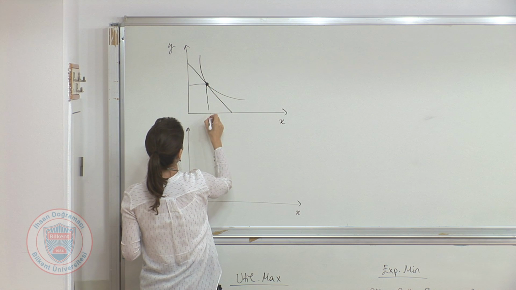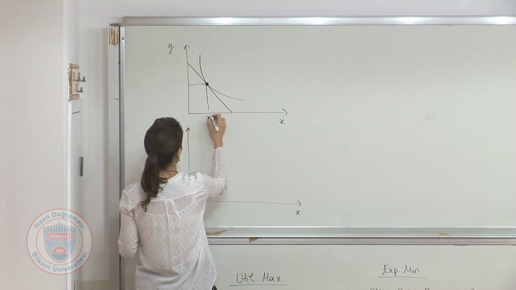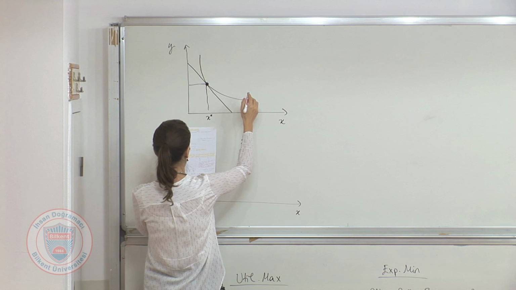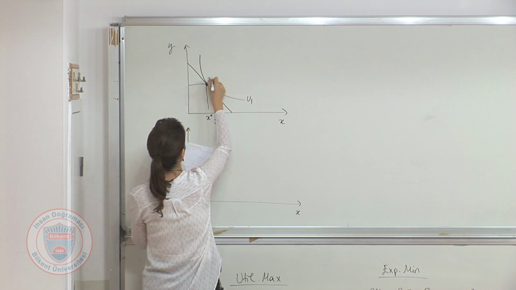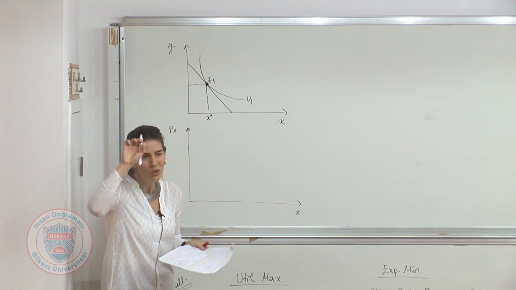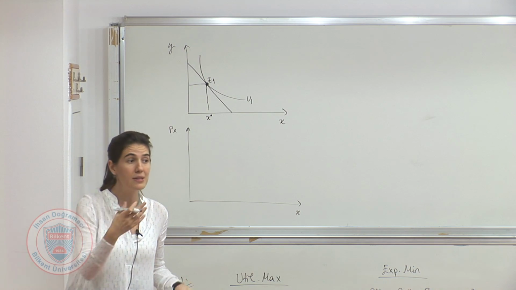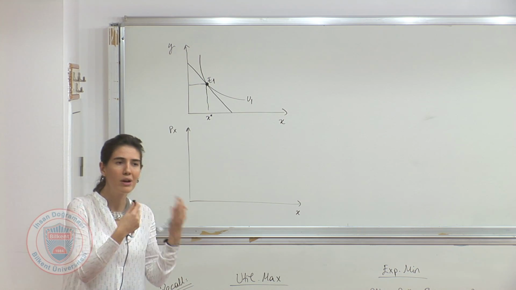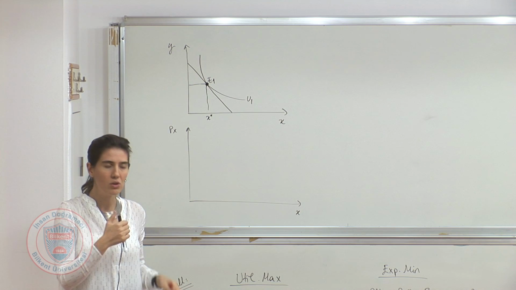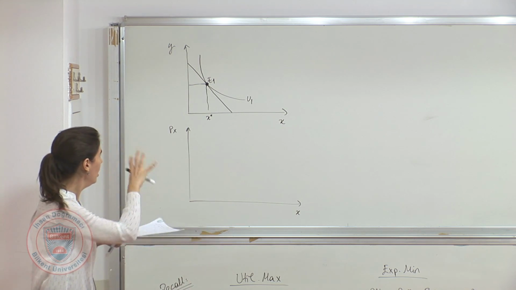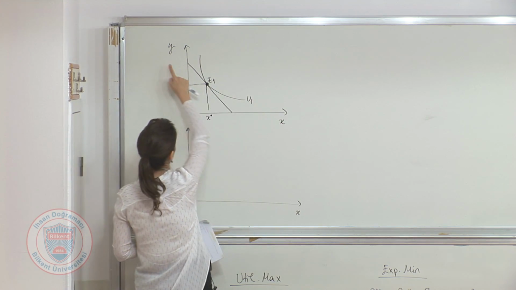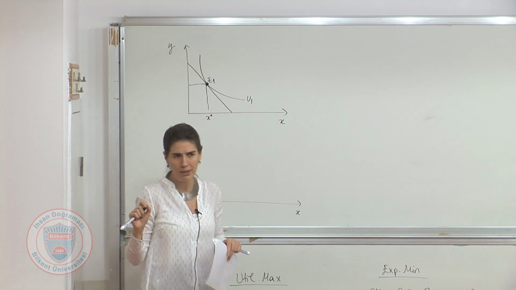Okay, so suppose I call this x star, okay? And let's call this U1, let's call this E1. It's always good to label stuff, because you'll see that in some questions you might need to draw a graph, you might need to explain what's going on there. So don't forget to label your axes all the time, okay?